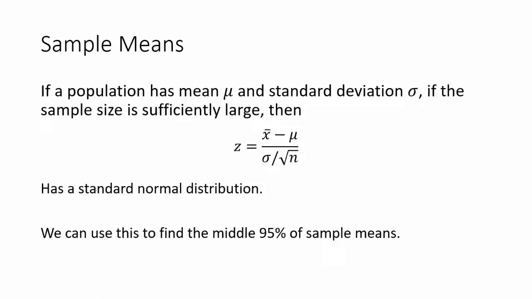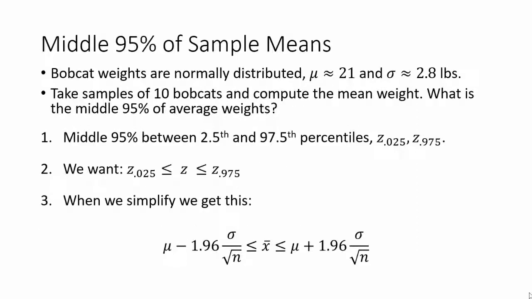Let's use our skills with standard normal distributions on a specific example of a population, and ask what the middle 95% of the means are that we would get by taking random samples.